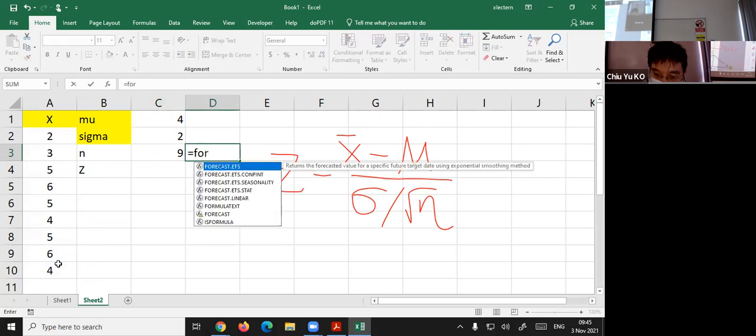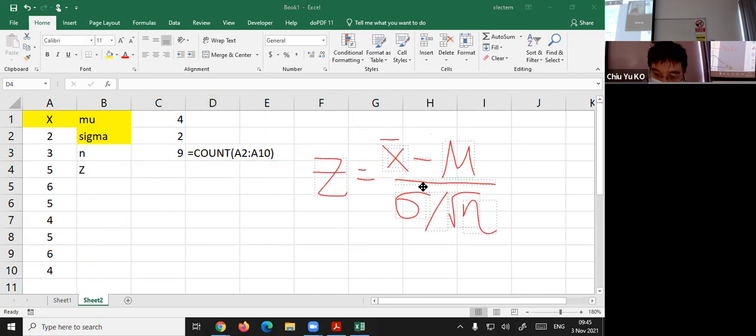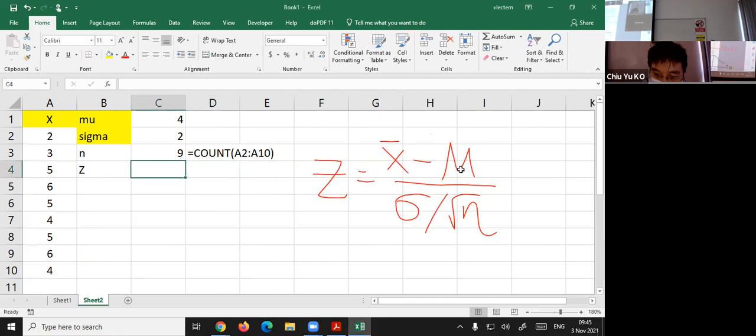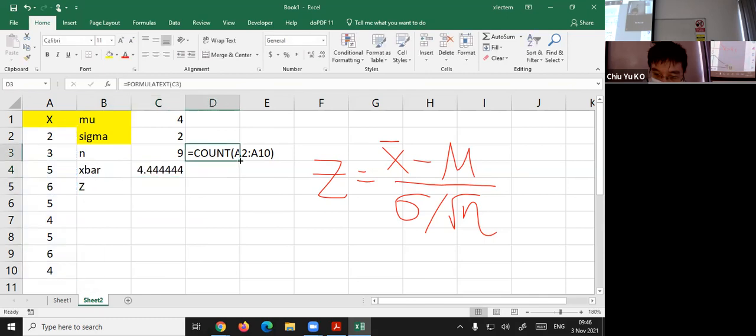Formula here. So this is the count. Now Z, I hope you know how to do it, just this minus this over there. Maybe we have to do X bar first. X bar is the average, so this is the average here.